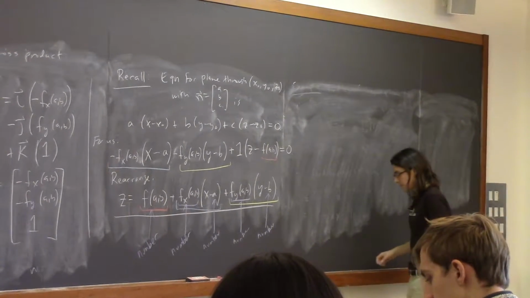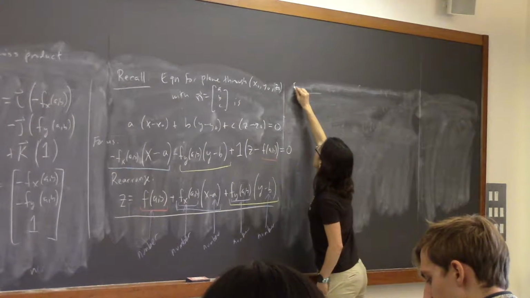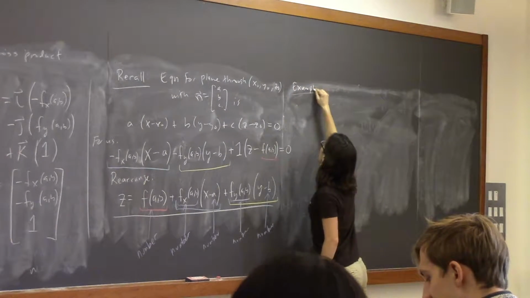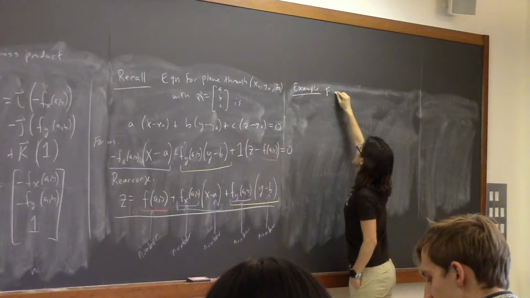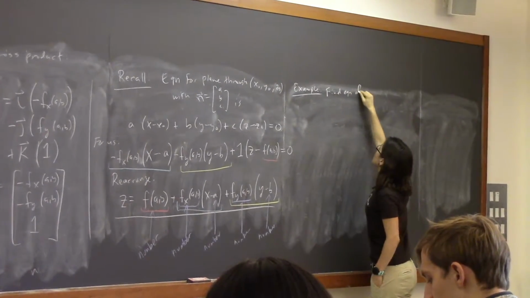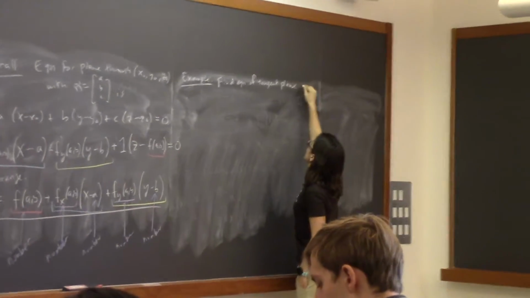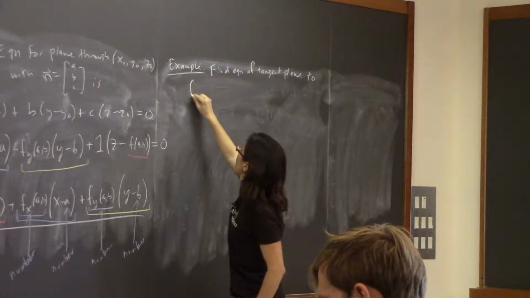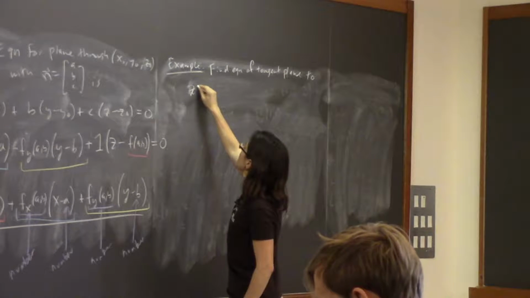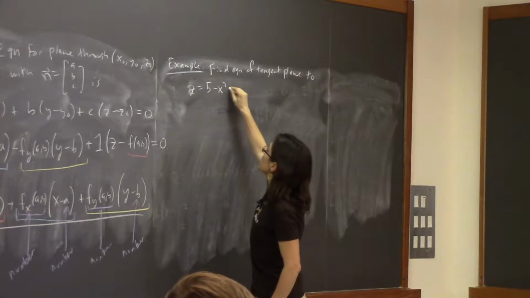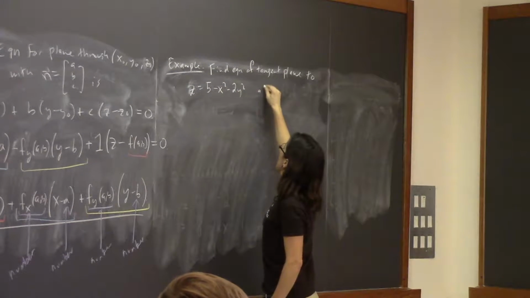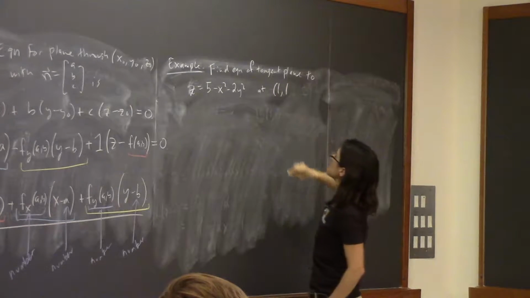Okay, so let's do an example. Find the equation of the tangent plane to, let's call it, z equals 5 minus x squared minus 2y squared at the point (1, 1).